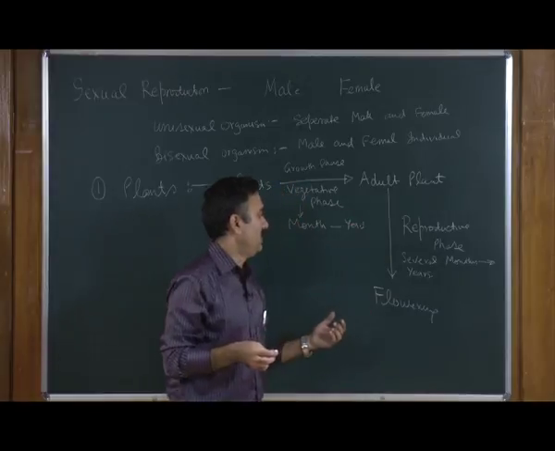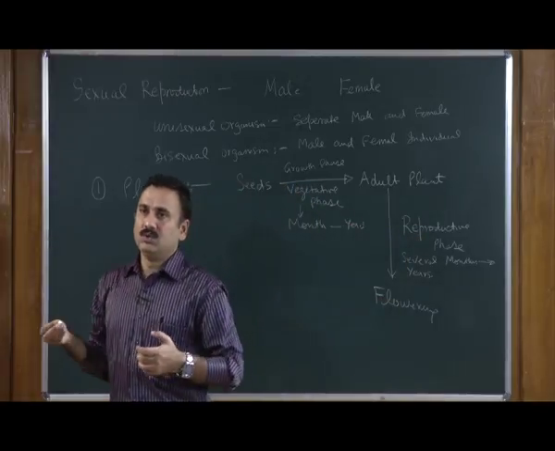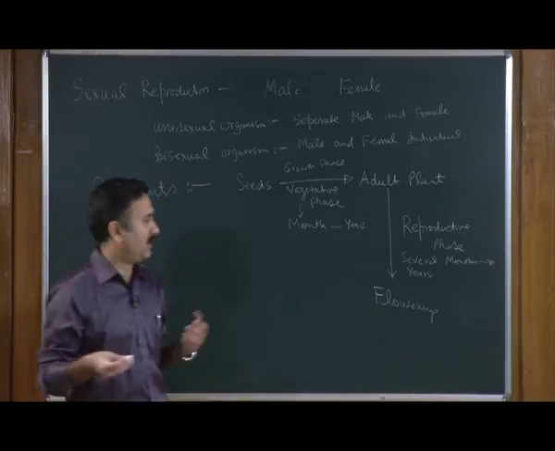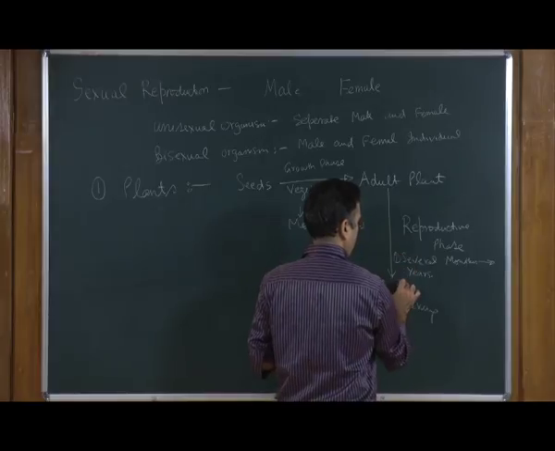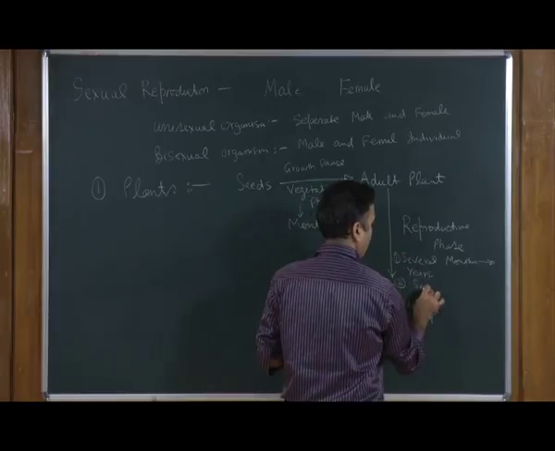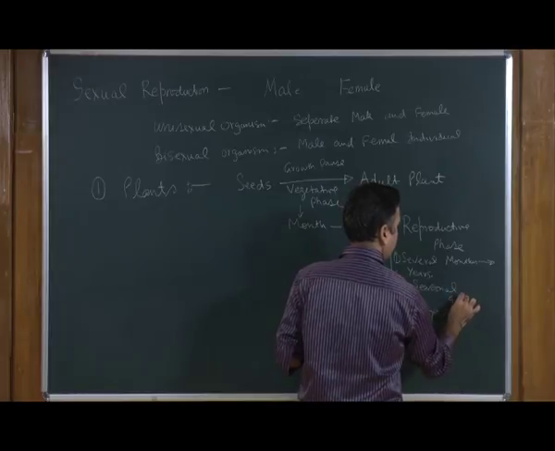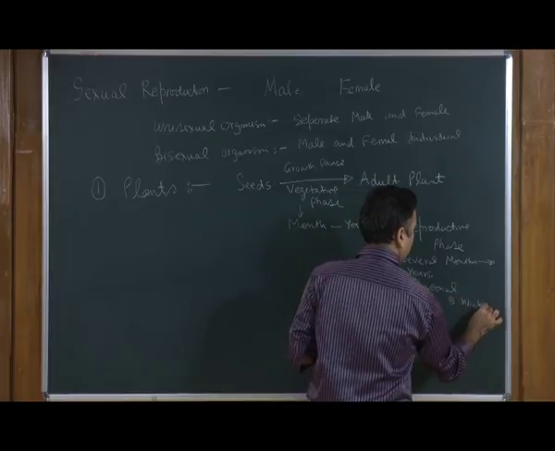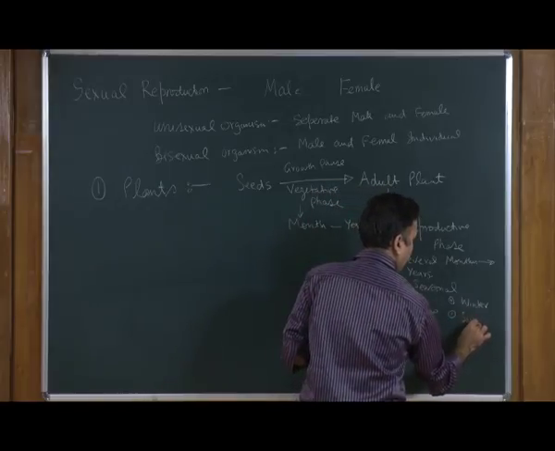Sometimes the reproductive phase is also very much linked to the season. For example, some plants have the reproductive phase in the winter season, and some plants may have the reproductive phase in summer, so this is also seasonal.